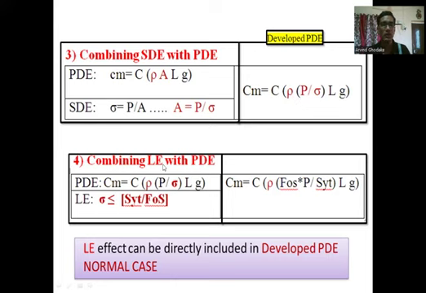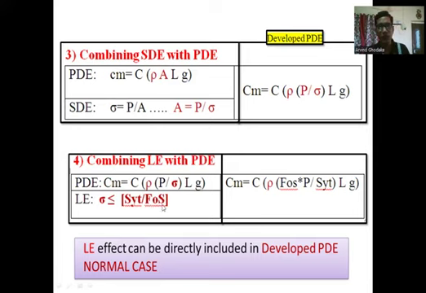Now in the next step, we are combining the limit equation with the primary design equation. So here our newly developed primary equation is Cm is equal to C into rho into P by sigma into L into g, and the limit equation is given as sigma is less than or equal to SYT upon factor of safety.